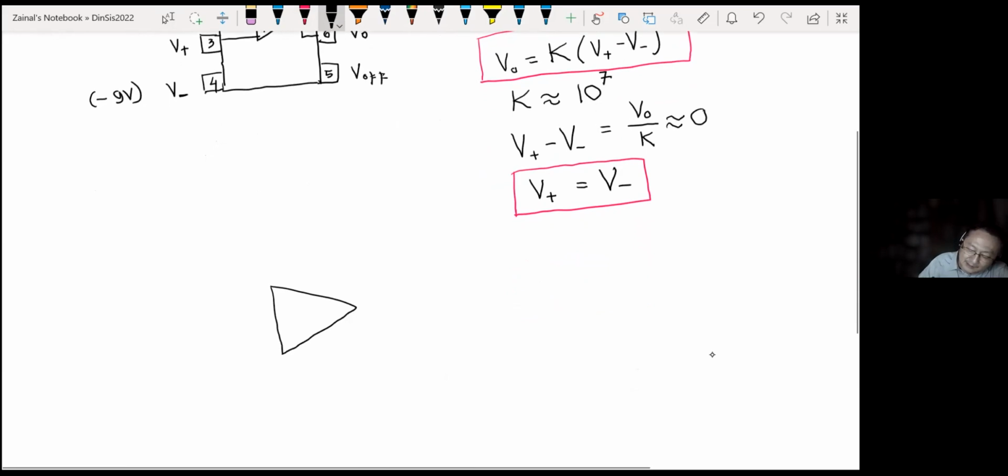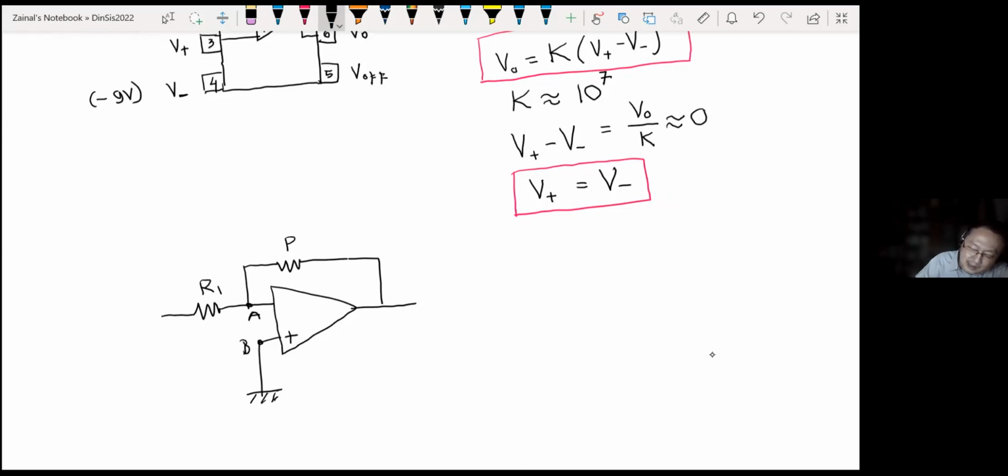For example, this one is connected to this one, plus is connected to ground, while this one is connected to this one. This one is A, while this one is B. This one is R1.